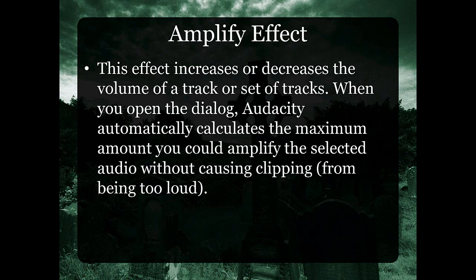The Amplify basically looks at how far it can extend it to the top of that window, the ceiling or the floor, without causing it to clip audio, drop audio, or distort too much that you won't hear it. So in a case where the audio is very faint and you use this filter, the filter automatically calculates and gives you a default number of how far you could amplify it before it starts distorting a lot.